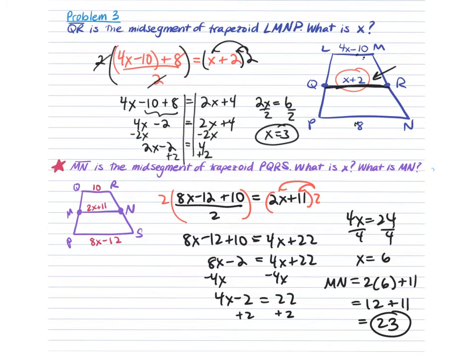Okay, hopefully you got 23, and I hope you noticed that this question is asking for MN as well as x, and the previous one was just asking for x. So here we had to find x, so x was 6. When you take the average, 10 plus 8x minus 12 divided by 2 equals 2x plus 11, and then solve. x is 6, and then when you plug 6 in for x for MN, you get 23.